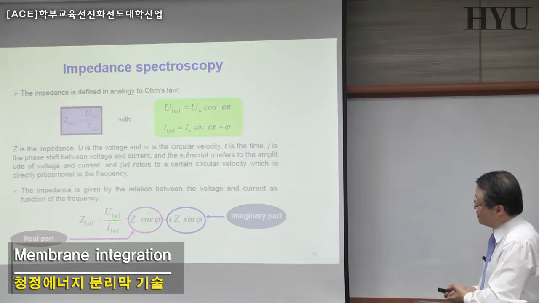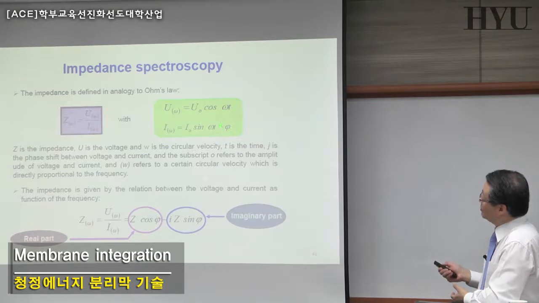And impedance then can be described, if you put these two in here, and rearrange this into two parts. As you can see here, we have a real part and an imaginary part because we have i here.